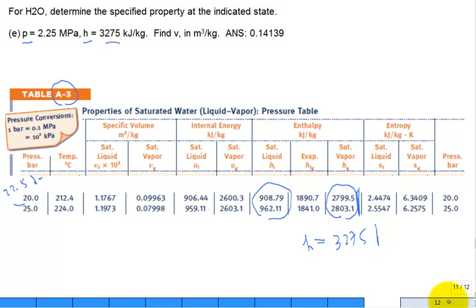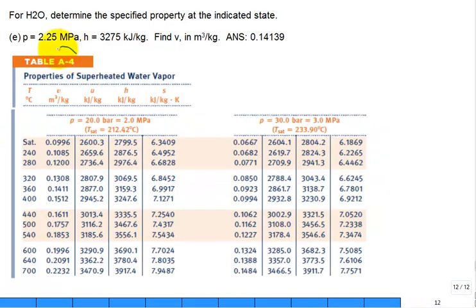So we go to our superheated table A4, and we try to find a pressure block of 22.5 bar. We don't find one. We find one at 20 bar and one at 30 bar, so we're in between. We're at 22.5 bar, and we're interested in that enthalpy of 3275.